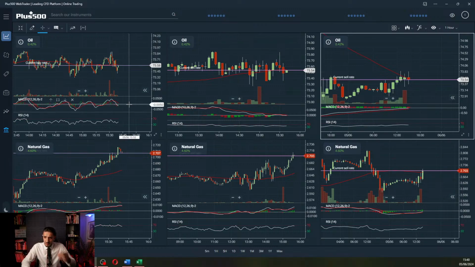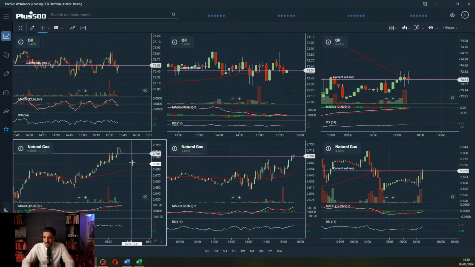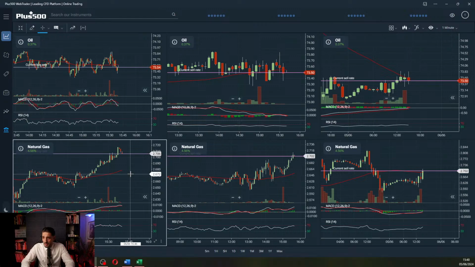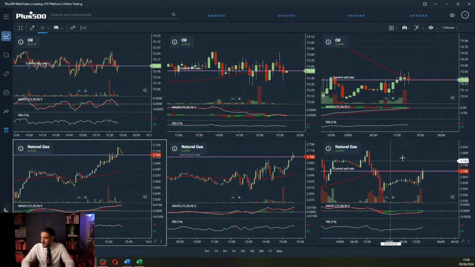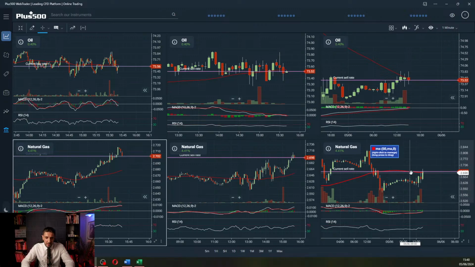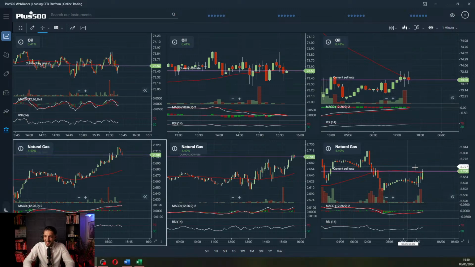Is natural gas looking to consolidate with 2.7 as a support level, or are we going to sell off to the moving average, 2.8 for contract, and then continue moving upwards? Let's see. Because we haven't closed above the hourly moving average yet. Yet is the right word. That is good.